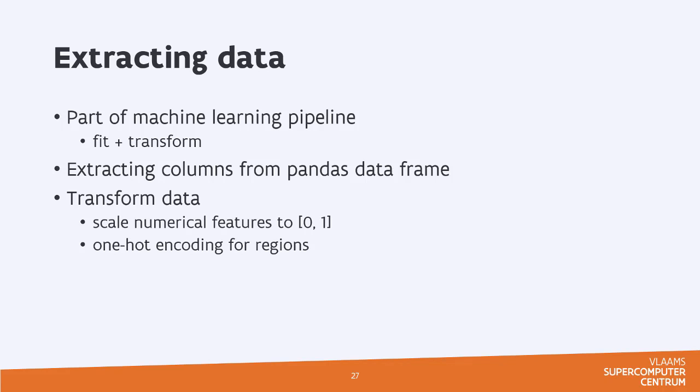For instance, we need to scale the numerical features to the interval 0, 1. We need to do that because many learning algorithms actually work better or even assume that your data is normalized in that interval. We will also change the encoding for the regions, and we'll switch to a one-hot encoding, which we'll explain later on.